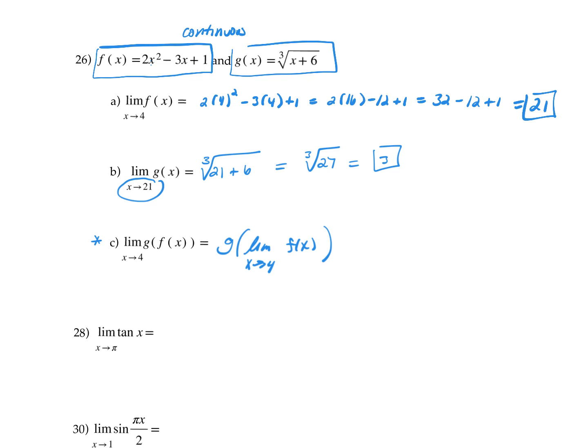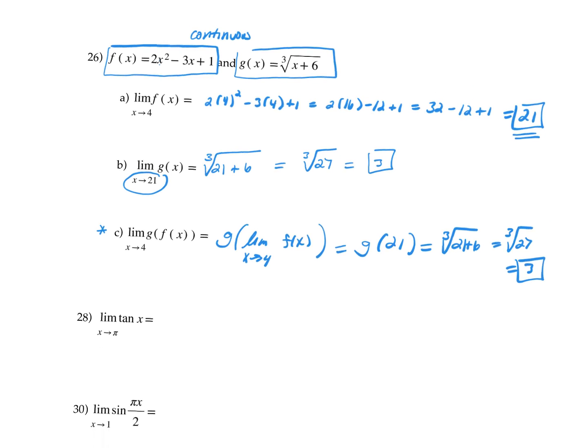And the limit as x approaches 4 of f of x gave us 21 up above. So we're going to be finding g of 21, which again gave us the cube root of 21 plus 6, cube root of 27. Final answer is 3 for that composition. Again, no compositions on your quiz.